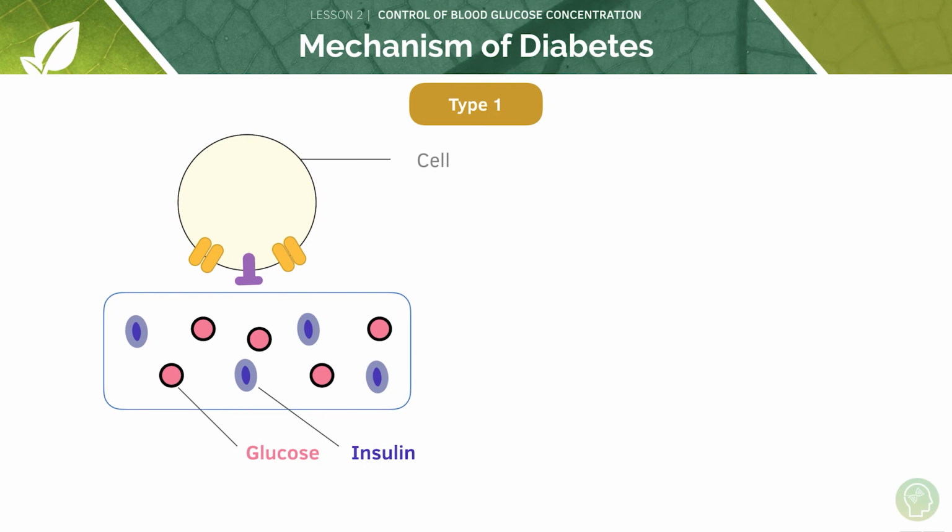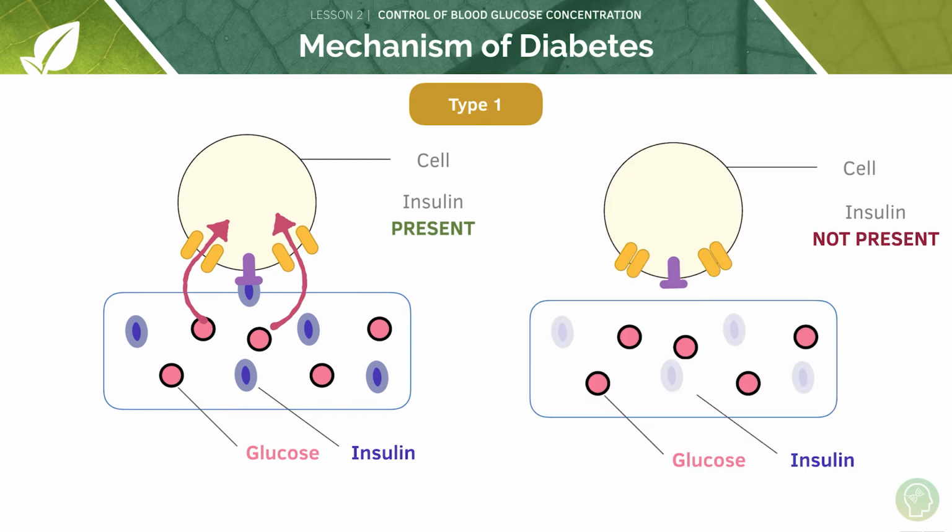So how does this occur? Well, there's two types of diabetes. In type 1, the case is that insulin is not present. So the beta cells of the pancreas are struggling to secrete insulin. So in our normal healthy person who does not have diabetes, the insulin is binding to its insulin receptor and allowing for opening of the glucose channels and therefore for glucose to move out of the blood into the cell.